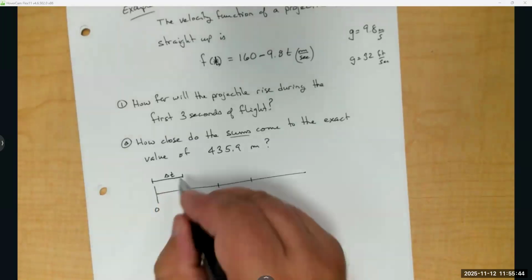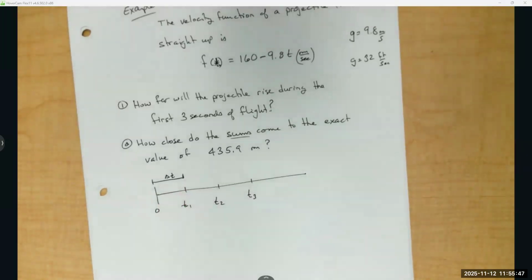Each of those intervals dictates what delta t is. We can calculate three different ways here.